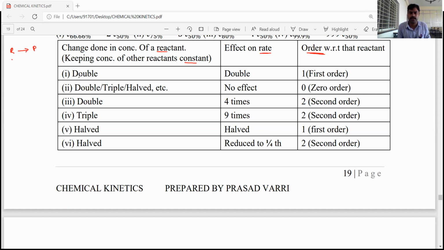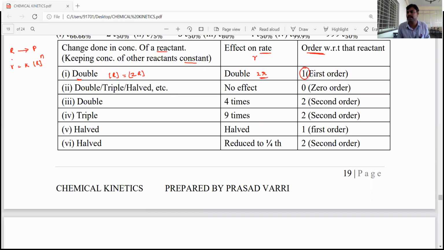For this, you commonly write the rate expression: the rate is equal to K into the concentration of reactant to the power of n. The order we don't know, but if the concentration of reactant is doubled, becoming 2R, and the rate is also doubled, then what is the order?